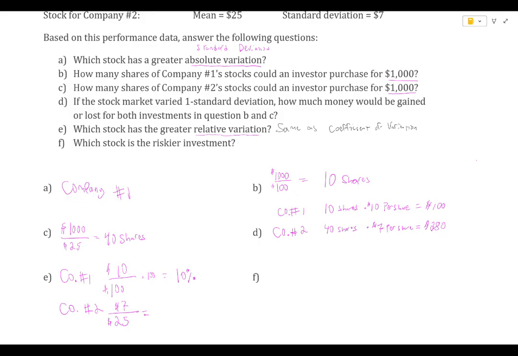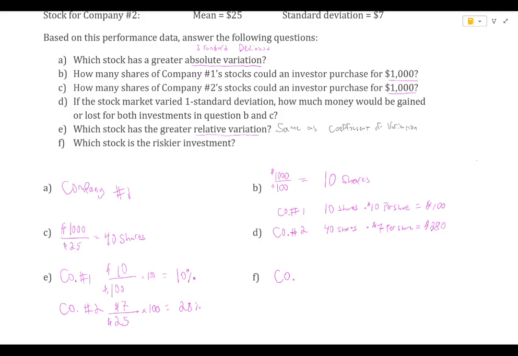Let me grab my calculator and plug that in. 7 divided by 25 times 100 would be 28. So if the stock market moved 1 standard deviation, it would be a 28% change.